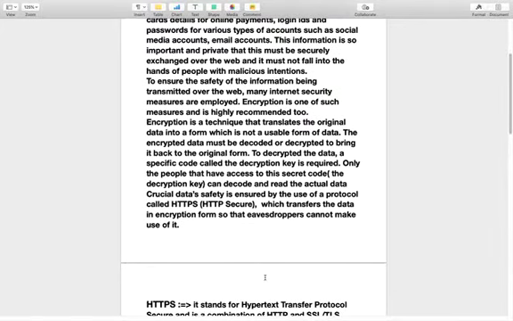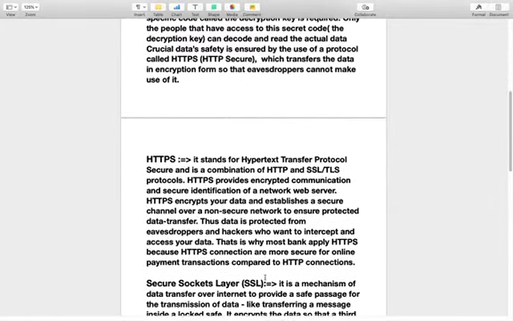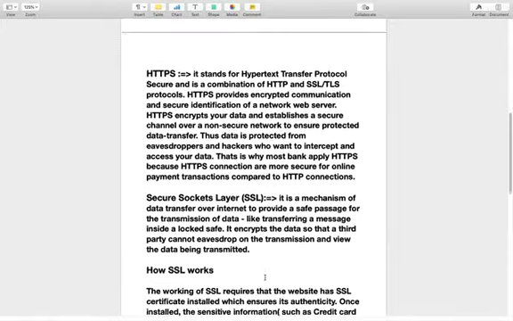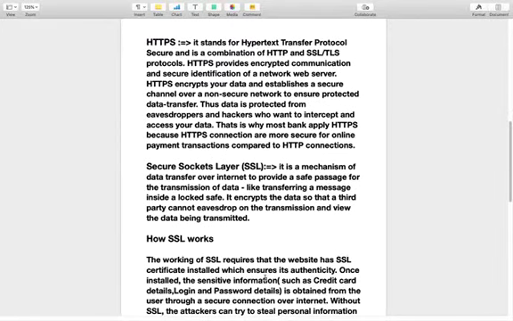So what is HTTPS? First we learn. It stands for Hypertext Transfer Protocol Secure, and is a combination of HTTP and SSL. So what is SSL? Secure Socket Layer. HTTPS provides encrypted communication and secure identification of a network web server.